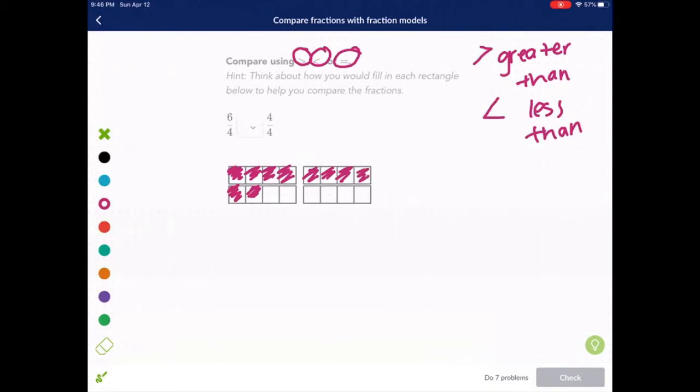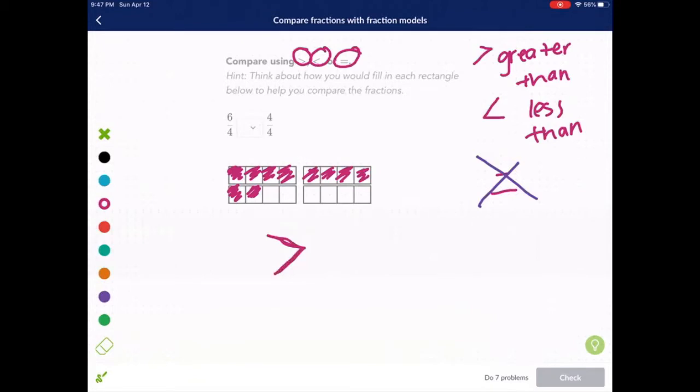So which one has more colored in? Are they equal? Well, I know they're not equal because they are not the same amount colored in. And it looks like 6/4 is greater than 4/4. So I think it's going to be greater than, the greater than symbol.